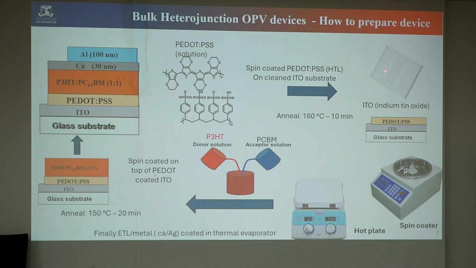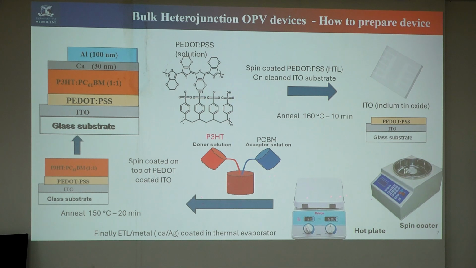That means this is ITO, this middle line, so that when you coat all the layers, then on top we put silver or aluminum. Those layers come as a crisscross, so where your ITO and the silver meet, that's the working active area. That's called the active area pixels. We form different pixels.